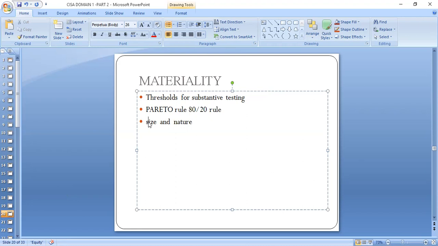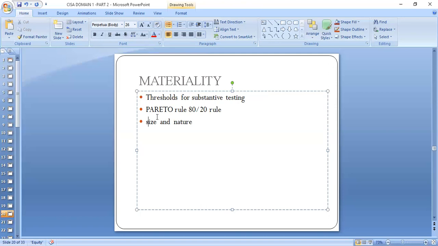Okay, in the manufacturing industry and oil and gas, materiality will be different. Even within oil and gas, based on the size of the organization, we're going to see varying materiality. So the auditor needs to be very careful in deciding the materiality threshold.